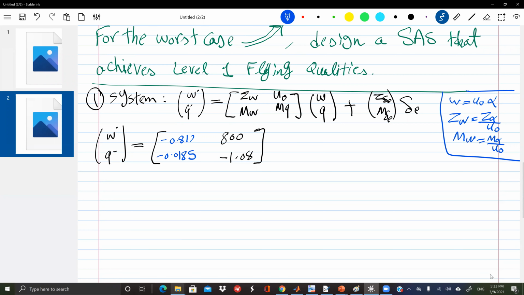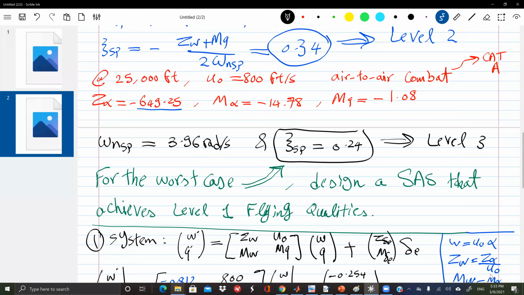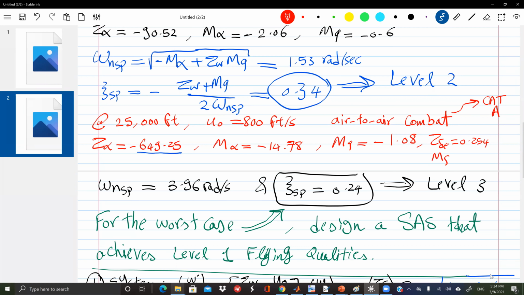Any question about that? Z elevator and M elevator are given: Z elevator is negative 0.254, M elevator is negative 0.199.